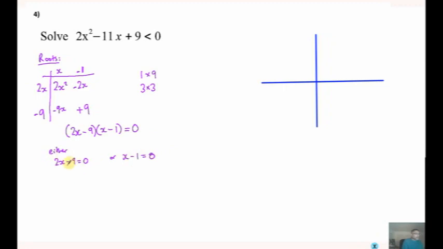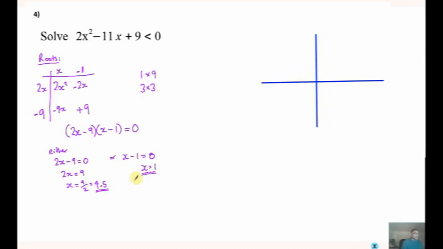If it's this one, I add 9 to both sides and then divide by 2: 9 divided by 2 equals 4.5. So that's one of my roots. Or on this side, if x minus 1 equals 0, x equals 1. And remember, this isn't solving the inequality, and it's not as simple as just replacing that with the inequality sign. I've got to figure out which way it's facing.